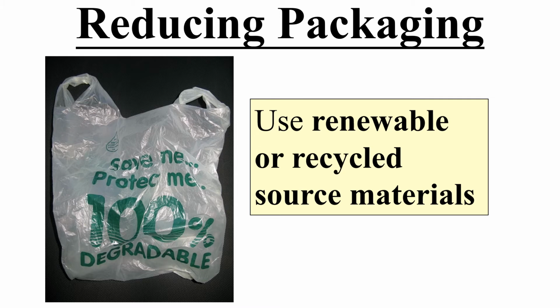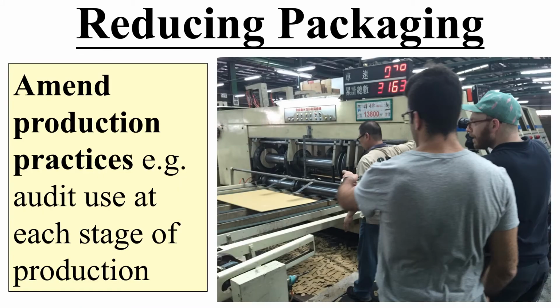They're made from organic material. So hopefully that's something that we'll see more of, and they'll start to replace plastics that we've been using for years. Also, the production practices could be amended. So you could have an audit at each stage of production. So look at what you can do to make each stage of production more sustainable, use less energy.